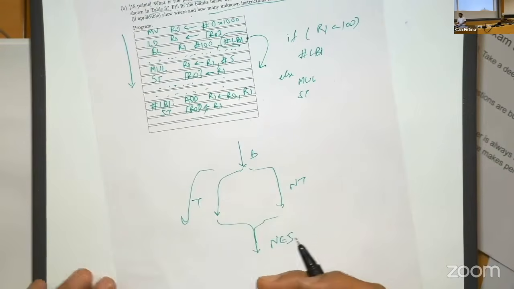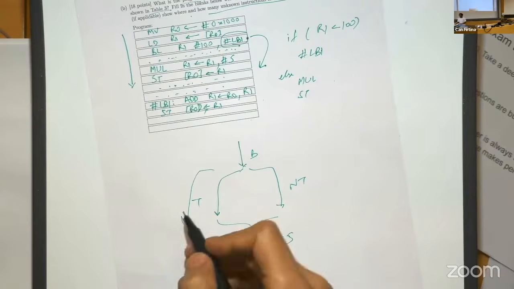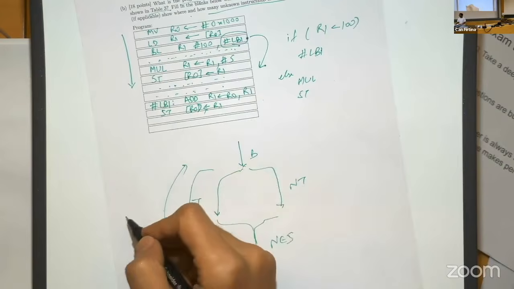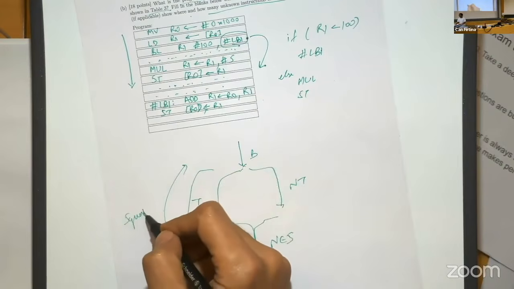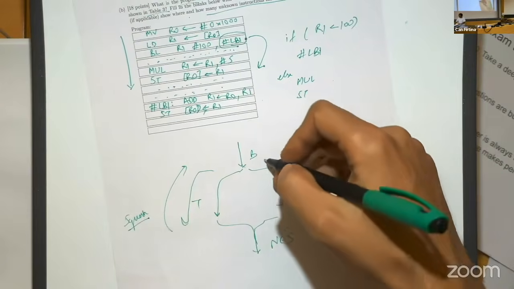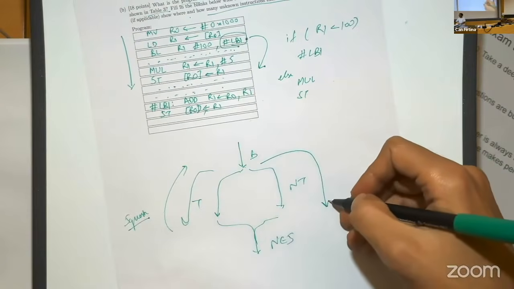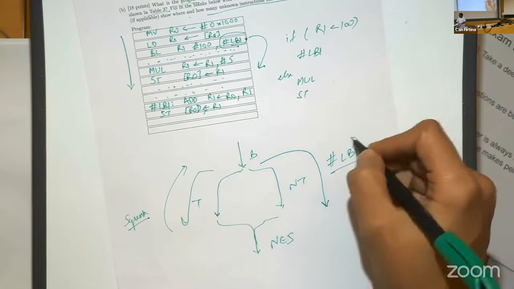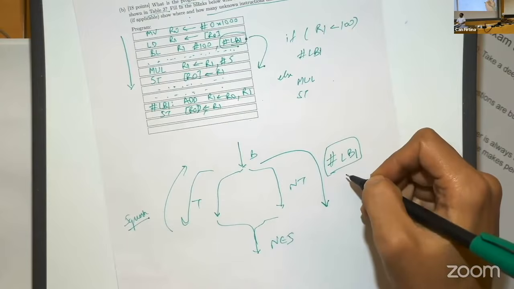But then when the answer for the branch is available, when I know that the predictor was wrong, at this point, I have to get rid of what I did in this x. That is what is stated in the question as squashed. And then I have to do what was the right thing to do. So the right thing to do is what will hint you at LB1.